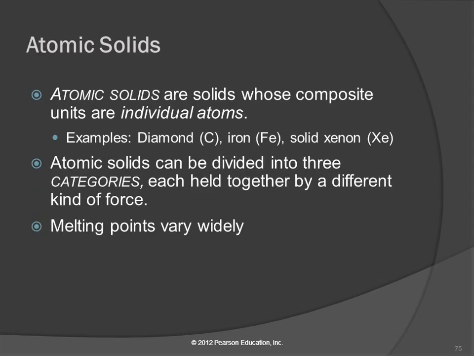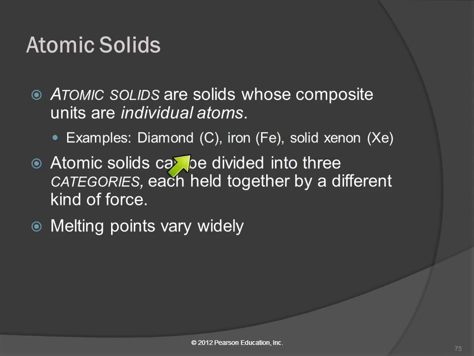Atomic solids are going to have individual atoms. So atomic solids, by definition, have to be elements. Because if you have more than one element in a compound, you're going to have either molecules or ions. So atomic solids have atoms. Examples are diamond, iron, all the metals, solid xenon.